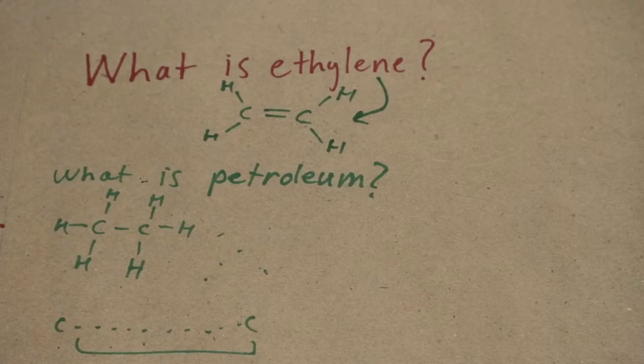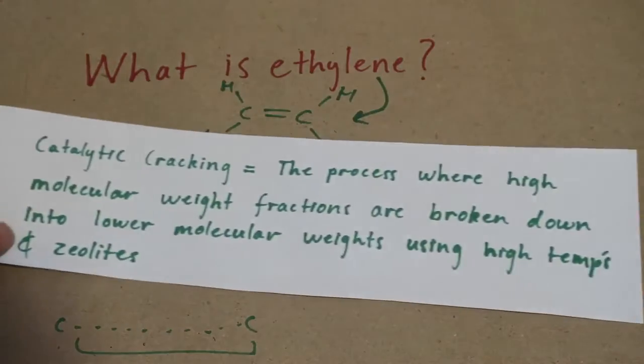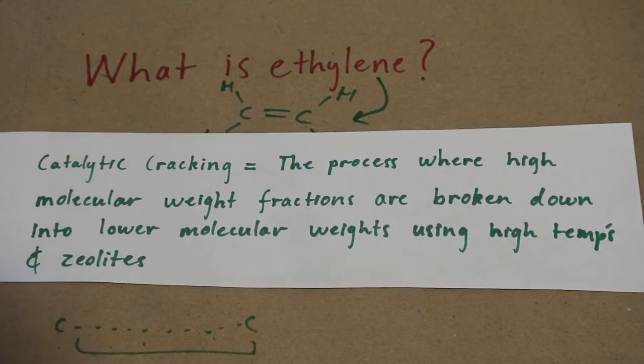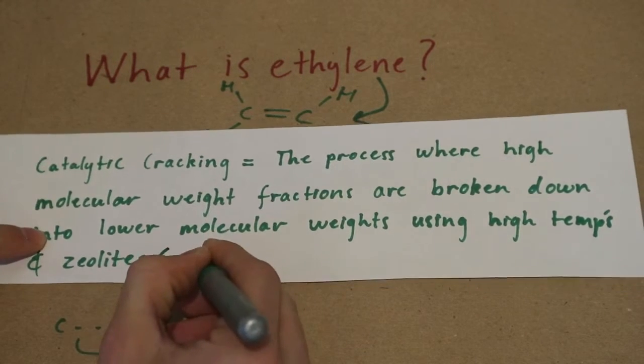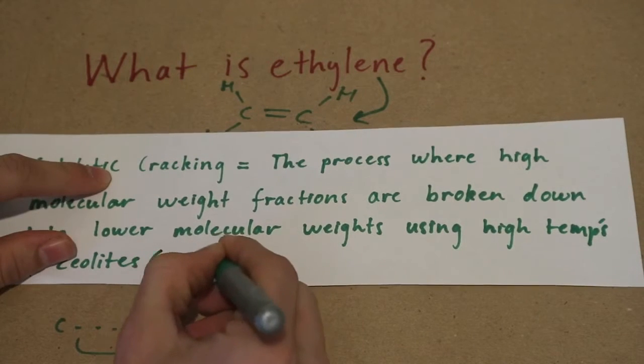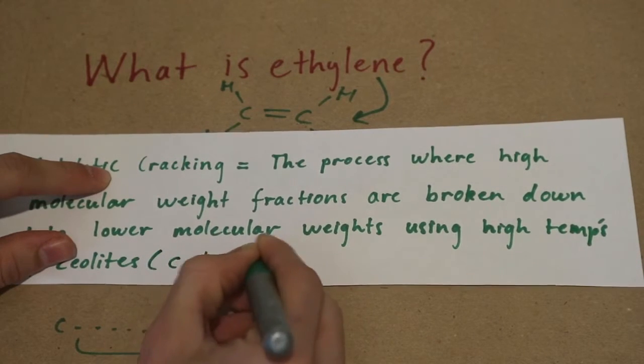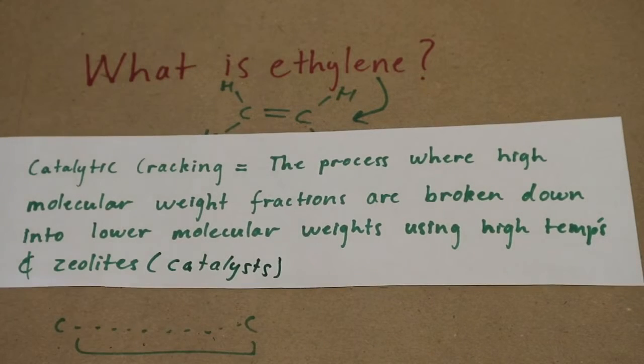So here we're going to look at catalytic cracking. Now, catalytic cracking, here's a little definition. Catalytic cracking is the process where high molecular weight fractions are broken down into lower molecular weights using high temperatures and zeolites. Now, this zeolite here is simply a catalyst.